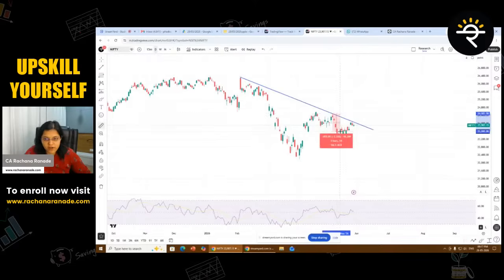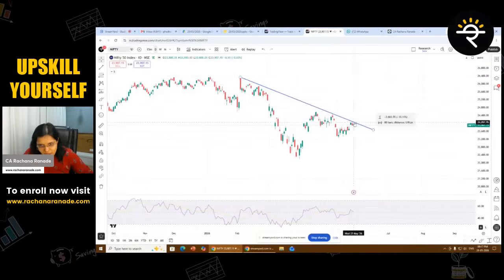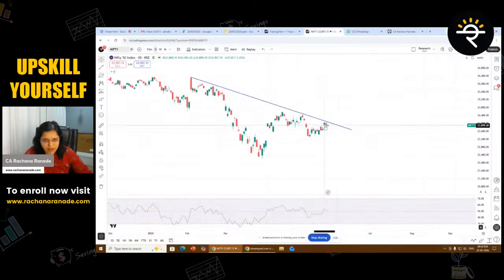From 24,500 we saw a pullback of almost 5%, and then here we are right now again, where Nifty is showing some signs of weakness. It's not showing absolute strength here, so it will be really interesting to see whether we are able to clear this resistance or not. And what is the level, by the way? The level that is coming up right here is 24,000 and something, 24,030 or 24,015, whatever. So this is one level, the 24,000 level.